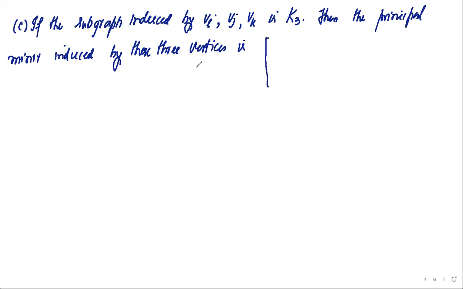It is the adjacency matrix of a complete graph on 3 vertices, so it is 0, 1, 1, 1, 0, 1, and 1, 1, 0. Only the diagonal entries will be equal to 0, and all the remaining entries will be equal to 1 because any pair of vertices is adjacent. Now the determinant of this matrix is equal to 2.